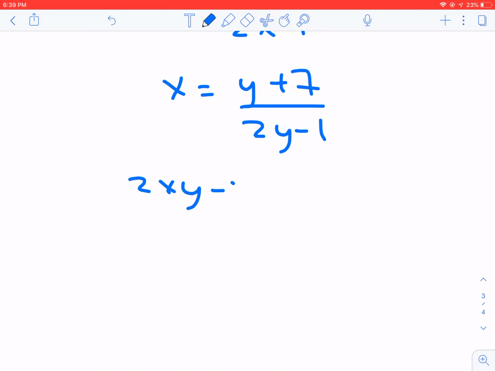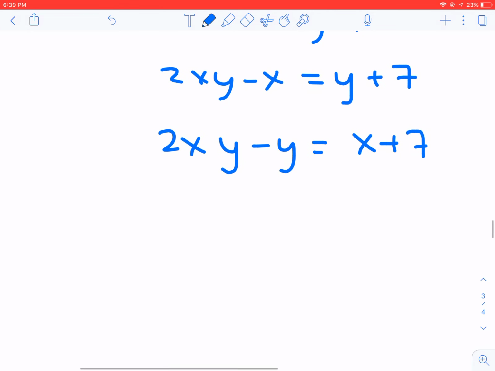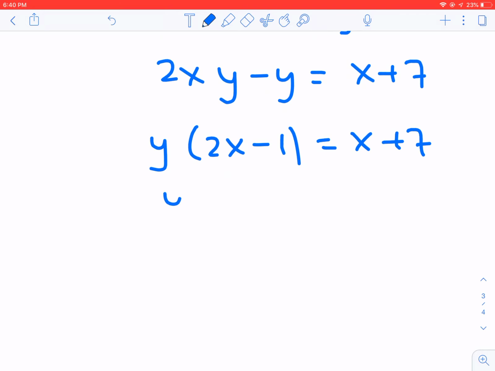Group the y's on one side, so 2xy minus y, going to add x to both sides, x plus 7, factor out y times 2x minus 1 equals x plus 7, y equals x plus 7 over 2x minus 1, and this is our inverse function.